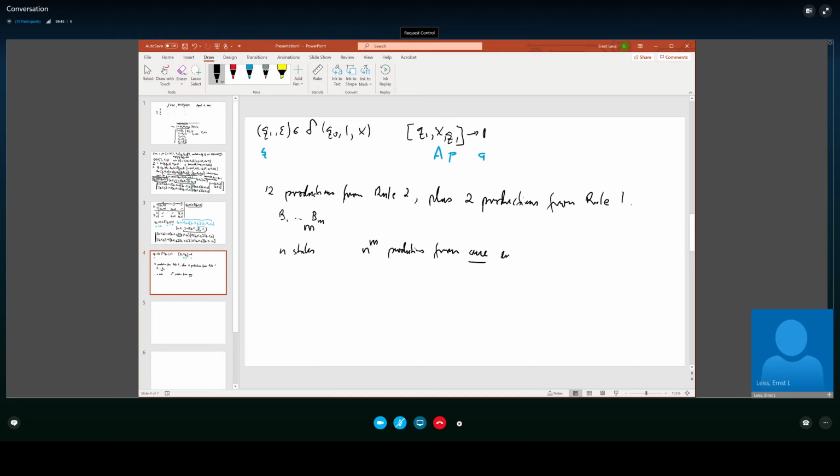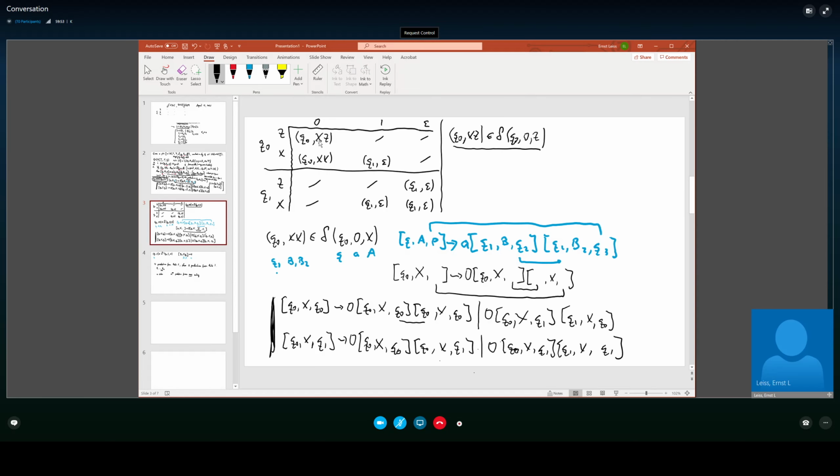Okay? So in this particular case, we have an entry here for M is 2. So that's because we have 2 states, we have 2 to the power of 2 productions for that entry.